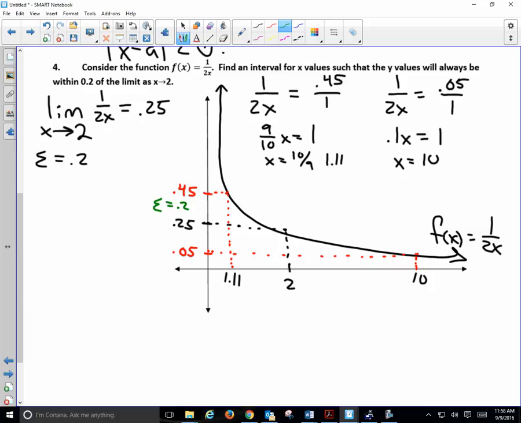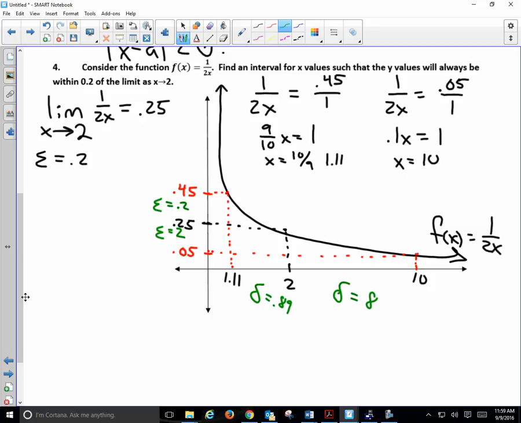Epsilon is equal to 0.2, okay? That's the difference between these two spots with the limit value. So delta will be the distance between the 10 and the 2. So what is delta? 8. Or we'll check this one. 2 minus 1.11 is 0.89.